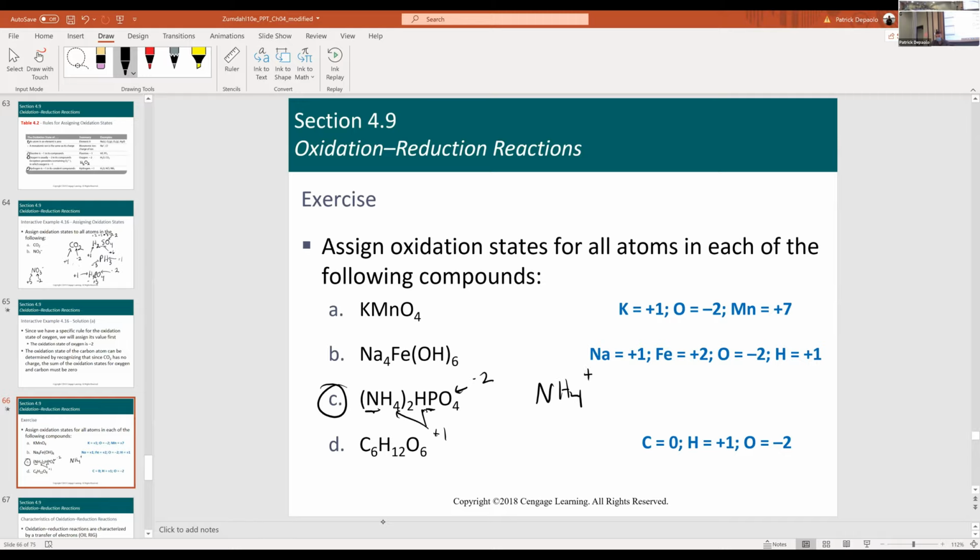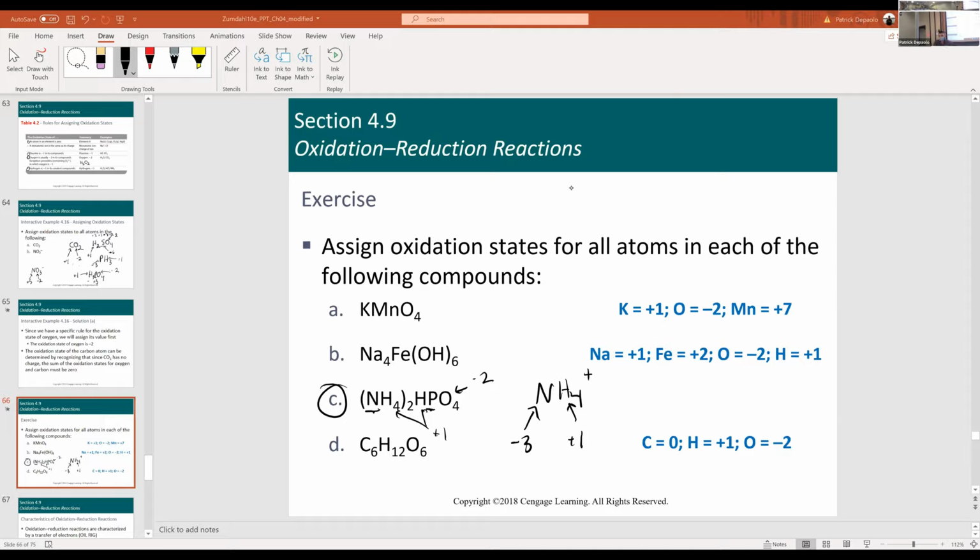So NH4 is +1. Hydrogen is also +1. There's 4 of them. So what would nitrogen have to be? Good, -3. Yeah, Lucas, -3. Let's just say you said that. Because probably you didn't see the plus. But yeah, -3 for nitrogen.